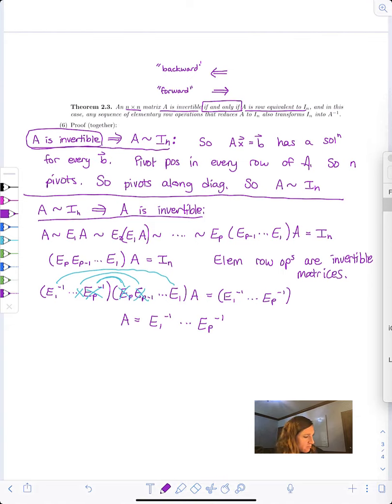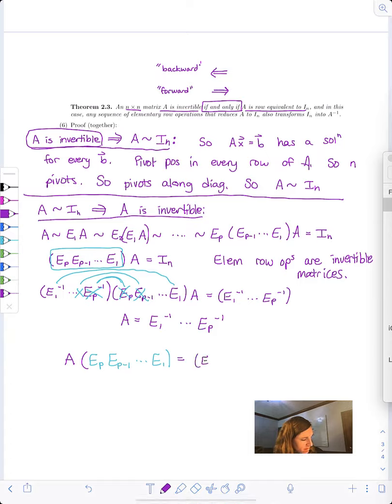So now, finally, let's go back to the matrix that we multiplied on the left to see that A could get to the identity multiplying on the left. Well, let's look at what A is.